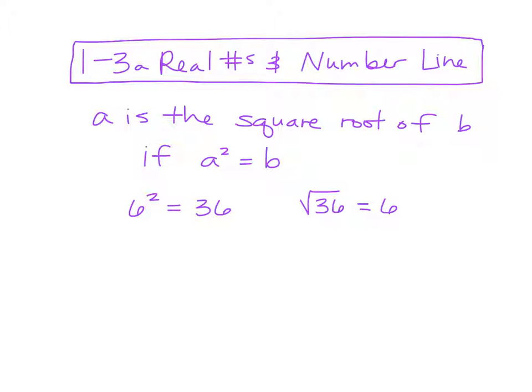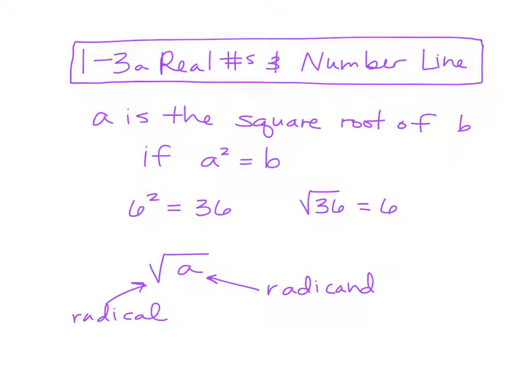So what you need to know is this symbol right here. This is called a radical. And then whatever comes under the radical is called, anybody know it? The radicand. So we're going to deal a lot with radicals.